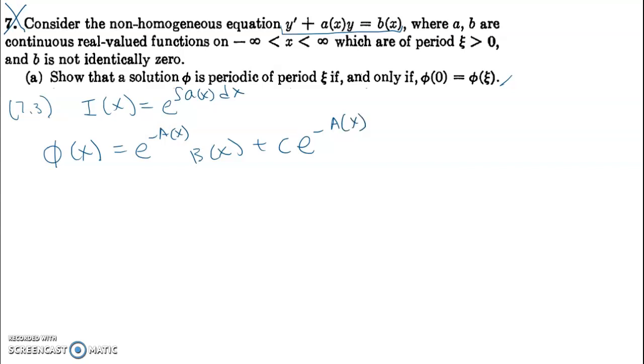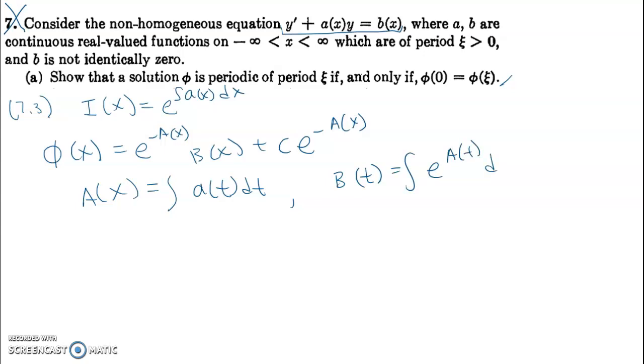And in our textbook, the capital A of x is the integral of a of t dt, and B of x is the integral of e to the power of A of t times b of t dt. These were given in our textbook with some brief proof.